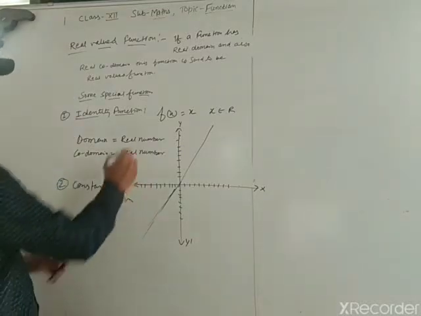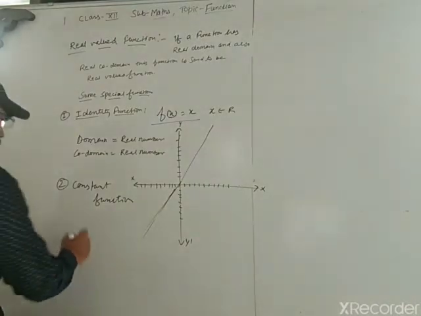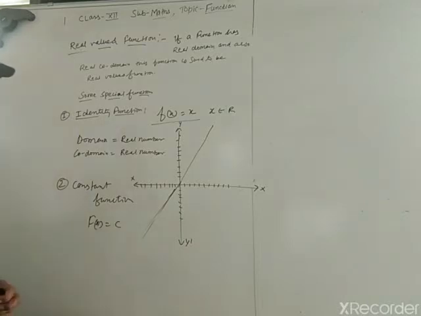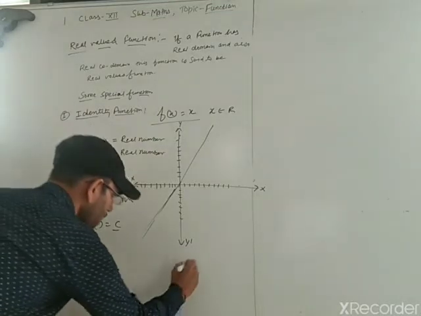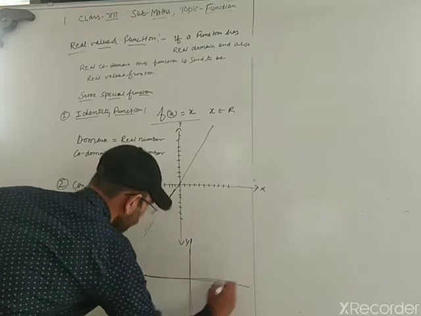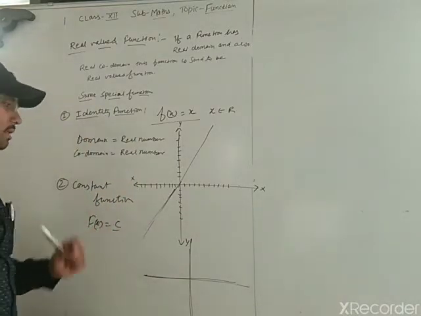The next is the constant function. As for the identity function f(x) = x, for the constant function f(x) = c, where c is any constant. Clear? We can understand the graph of this function. For every real value we get only one answer.